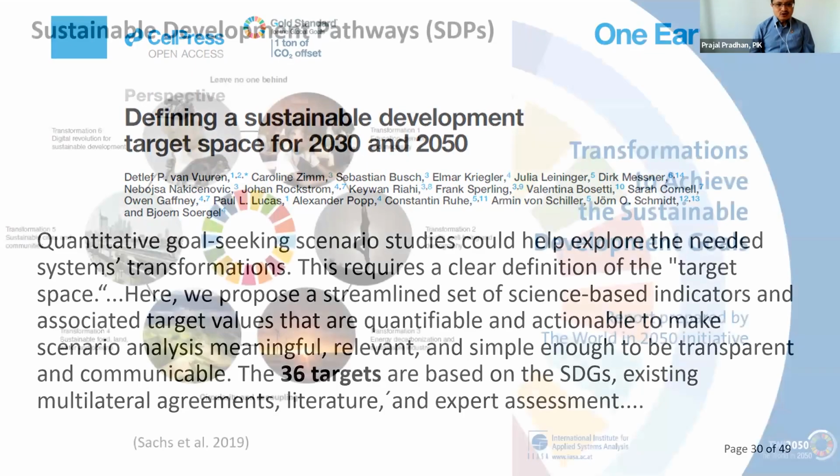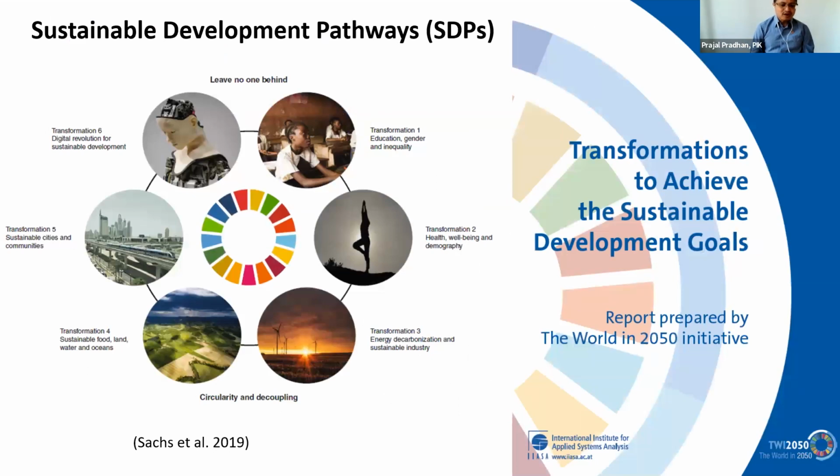And then there is an ongoing discussion now, not to talk about shared socioeconomic pathways only, but also sustainable development pathways. This is one of the discussions going on, mainly with the World in 2050 initiative, where a lot of prominent people are involved, including Jeffrey Sachs, Johan Rockström, and other colleagues such as Dirk Messner, and colleagues at IIASA there.